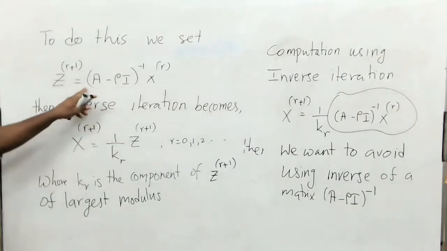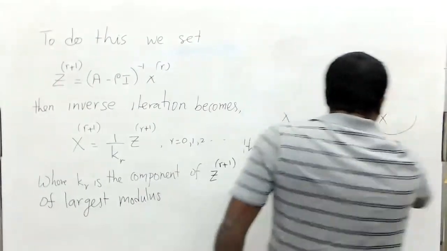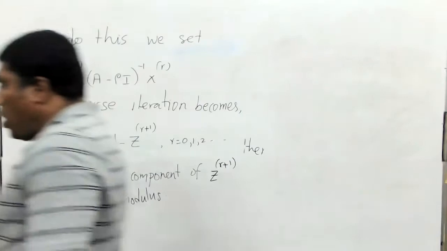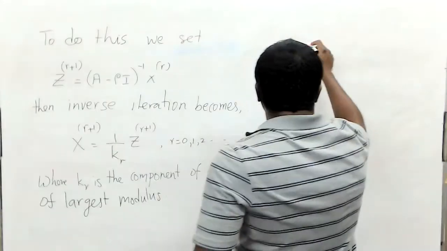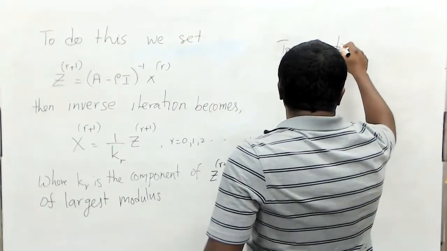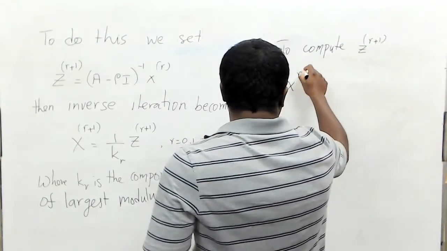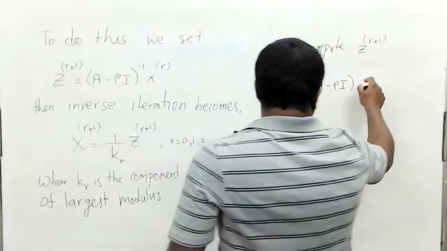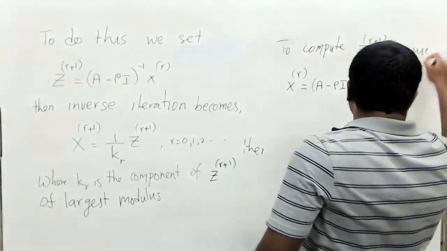So now the point is you want to find what is Z_{r+1}. How do you find Z_{r+1}?